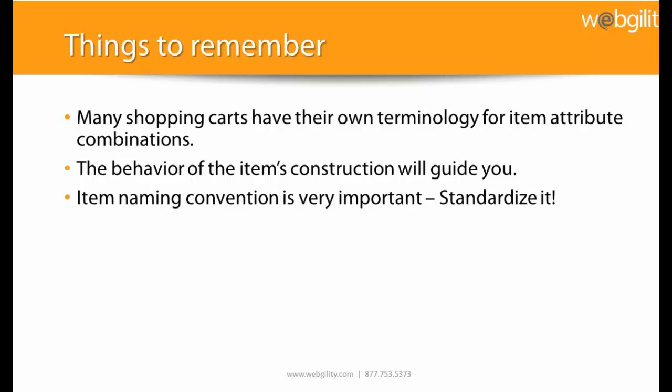Because once you know the behavior of a product, or how a cart structures their product, you're able to know then how to structure your business to account for that product, and what your options are, or how to move forward with receiving that information. So the behavior of the item's construction will guide you.